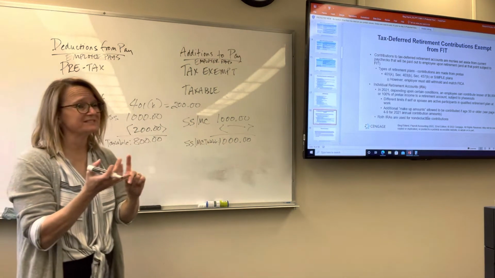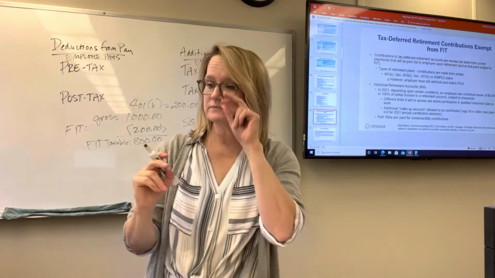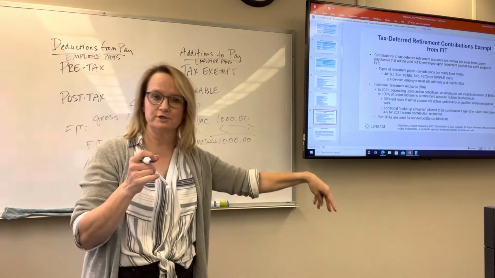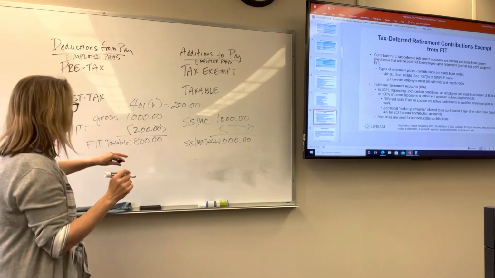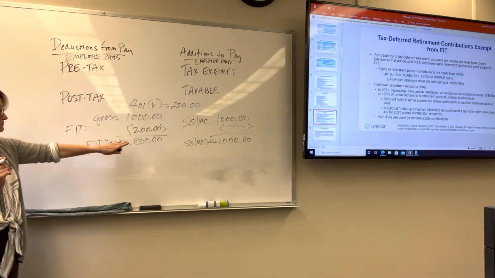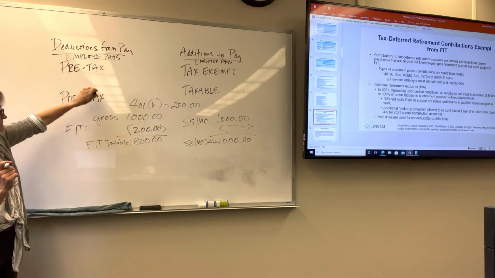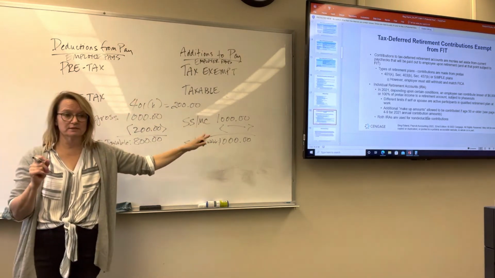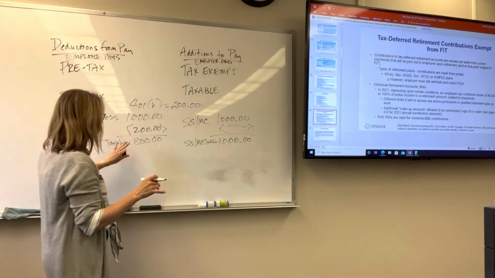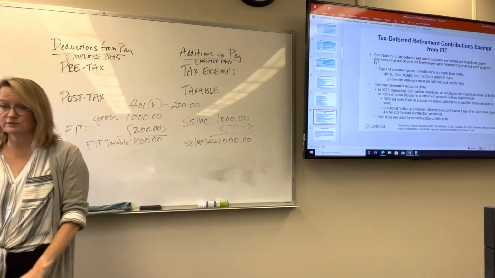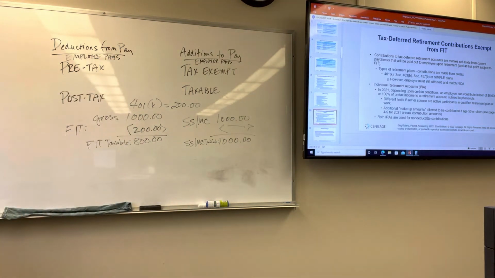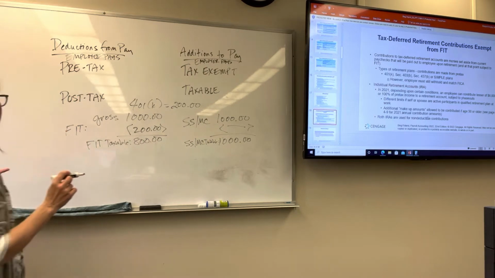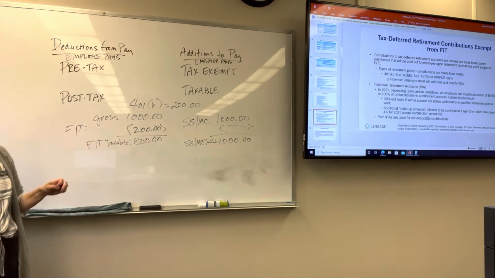Other types of benefits like health insurance, dental insurance, vision, all of those cafeteria plans, those are pre-tax on the employee side, and they're tax exempt on the employer side, for both federal income taxes and Social Security and Medicare taxes. So it's only the retirement plans that have different rules with regard to the taxable amount for Social Security, Medicare, and the taxable amount for federal income tax purposes.